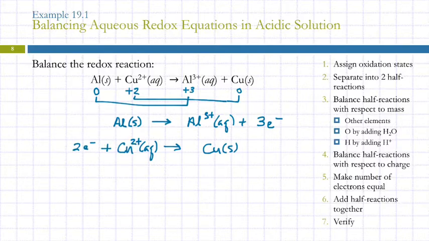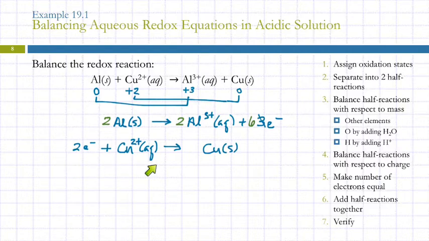But if I multiply this top reaction by 2, what do I get? How many electrons? 6. That's not what I meant to do. If I multiply by 2, I'm going to get 6. If it's going to stay balanced, though, I have to multiply everything by 2. All the coefficients. Okay with that?